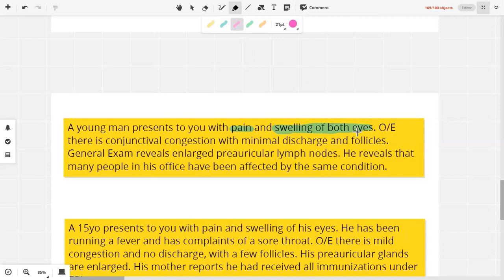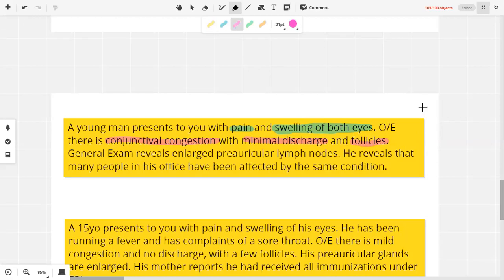But our diagnosis is narrowed when we look at the examination. The signs on examination are conjunctival congestion, minimal discharge, and follicles. Now what else is important in the statement?